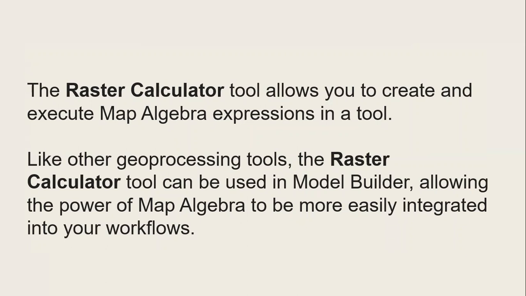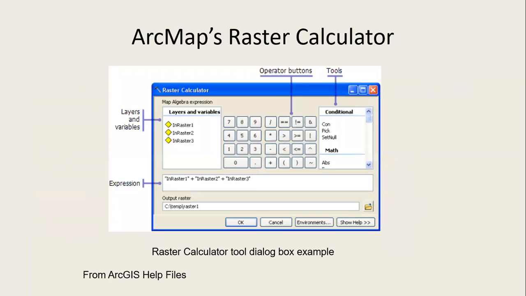Like other geoprocessing tools, the raster calculator tool can be used in ModelBuilder, allowing the power of map algebra to more easily integrate into your workflows. So this tool is actually ArcMap's raster calculator. You can use these tools to generate certain image outputs. Fine.